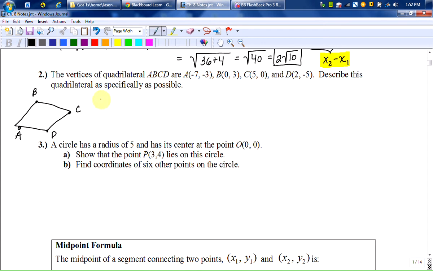So based on this, what I'm going to do is I'm just going to start calculating distances. And I'm going to start with the sides and see where that takes me. And if that doesn't tell me enough, then I might actually start finding the distances for the diagonals. I need to maybe erase this.